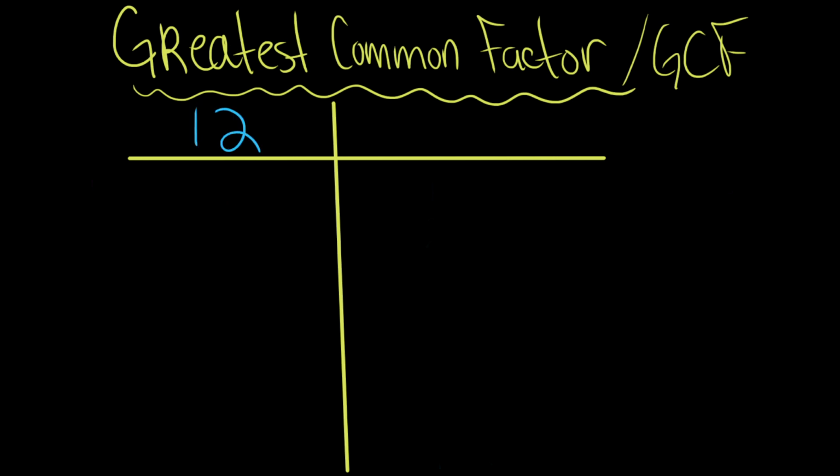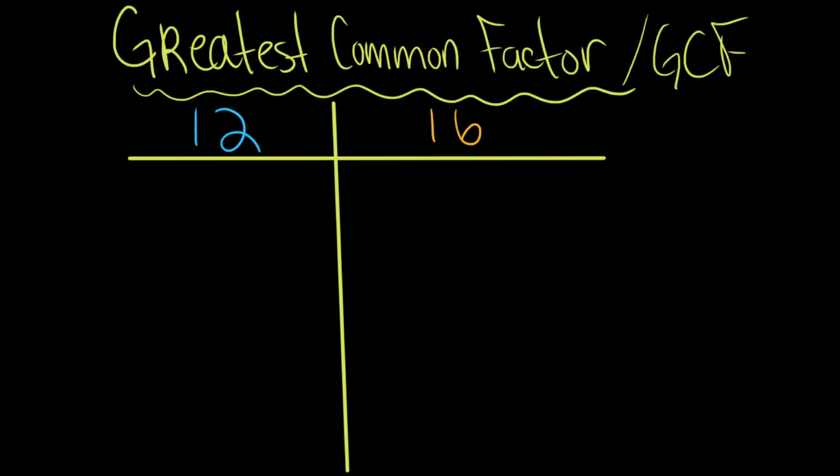And on the right-hand side, we're going to have the number 16. And we want to say, what is the greatest common factor between these two numbers? That is, when we think about numbers that multiply to give us 12 or multiply to give us 16, which number do both of these numbers share? Which is the greatest number?